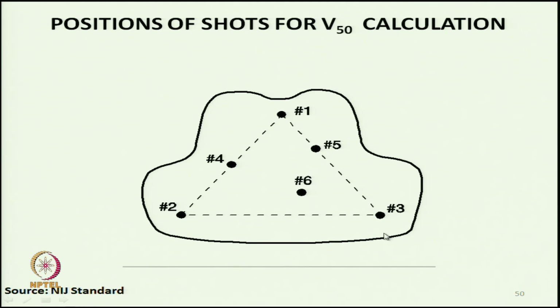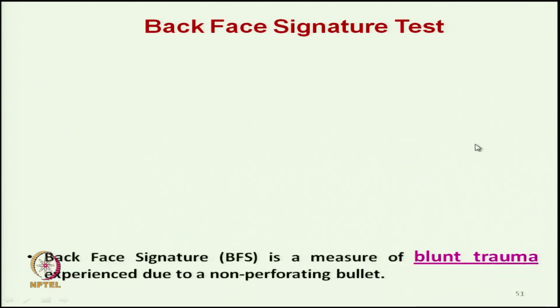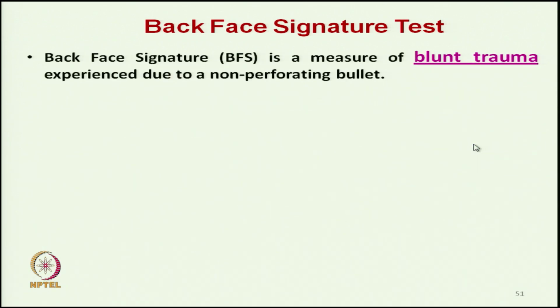The position of shots is as per NIJ standards, at different places to calculate the V50. As far as the back face signature test is concerned, it is again as per the NIJ standard. BFS is a measure of blunt trauma experienced due to a non-perforating bullet.